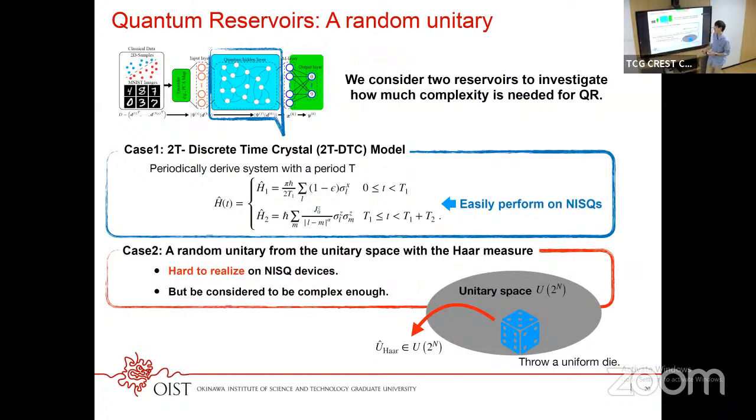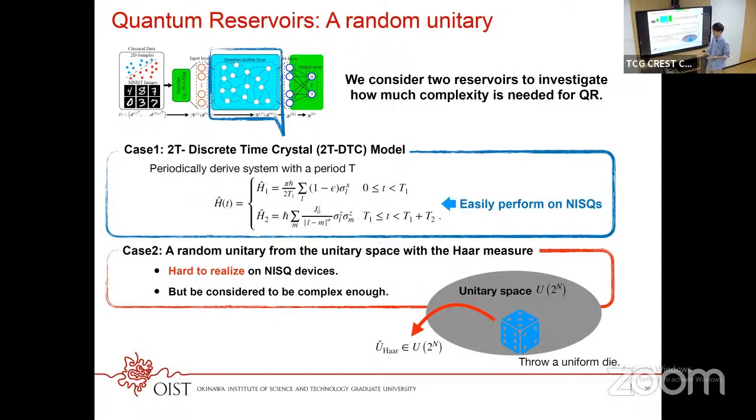Haar random unitary is known as a benchmark because it is considered to be complex enough in the previous work. But the problem is it's hard to realize on NISQ devices. For example, to make Haar random unitaries, we need many rotation gates and two qubit gates.